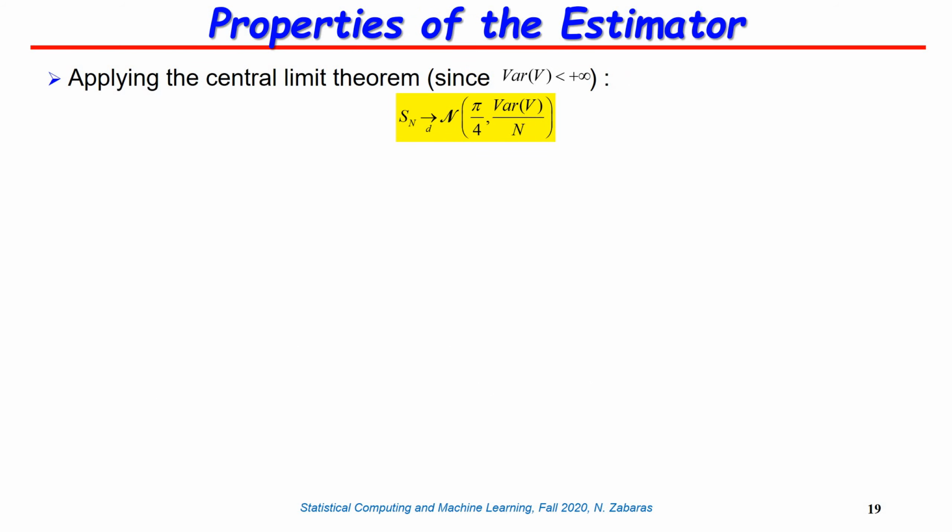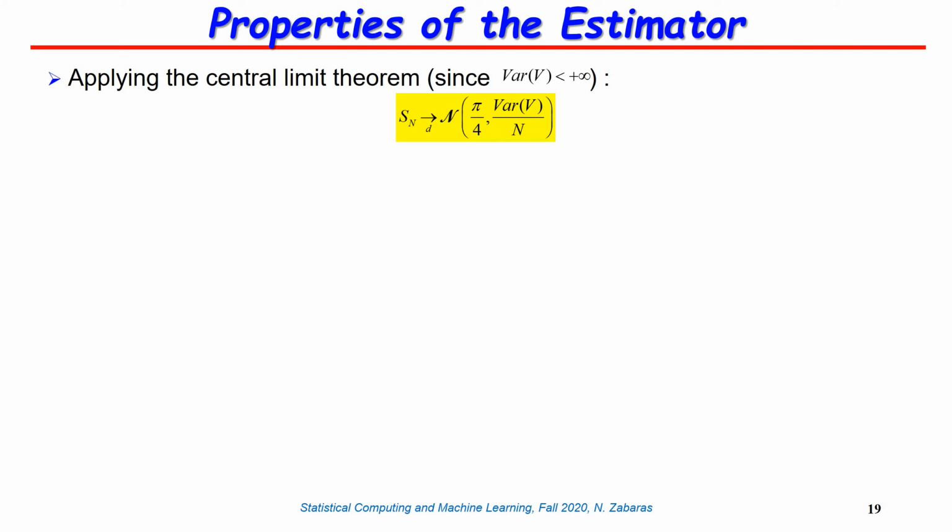In the context of the central limit theorem, you know that Sn, in a distribution sense, will approach a Gaussian distribution with mean the true mean, and a variance that is the variance of V over n.